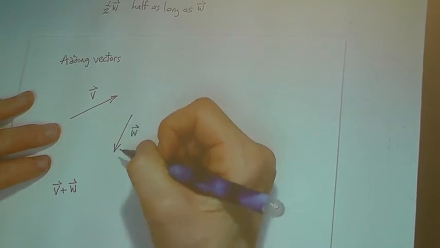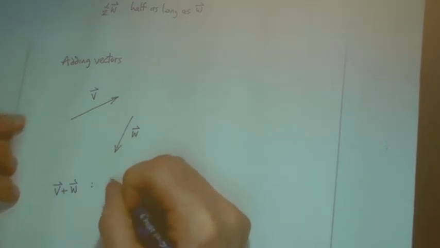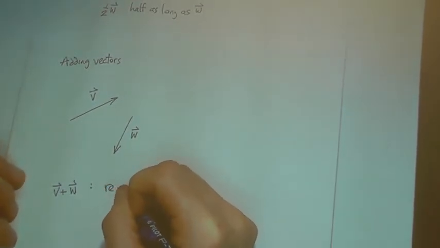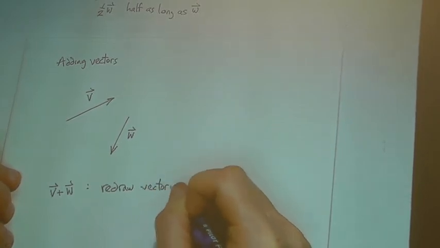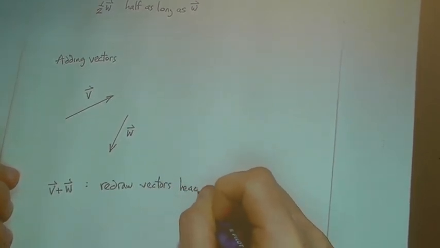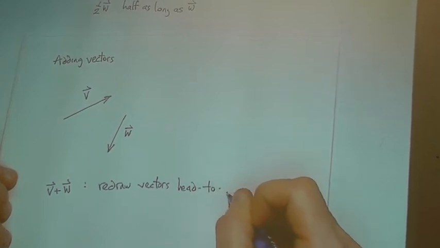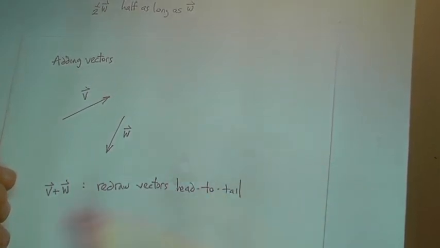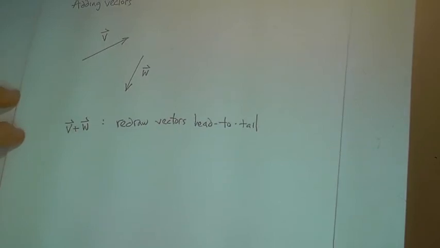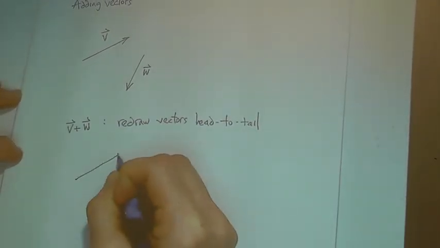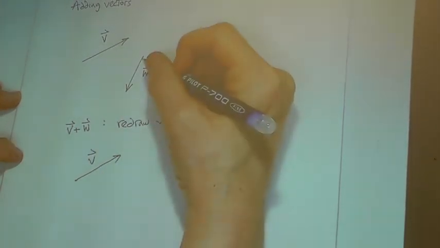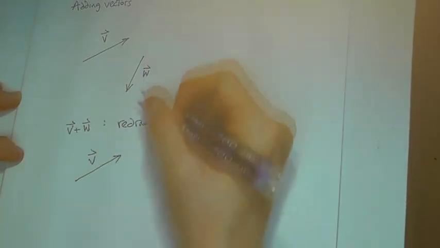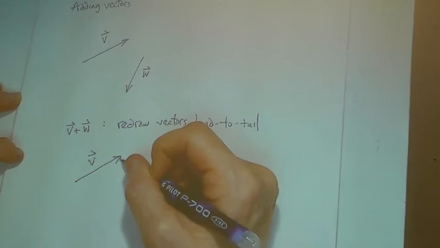Doesn't matter what you work from. So what I'll do is redraw my vectors head to tail. So if I did this, this is V, I could pick up W and I would put its tail on the head of V.